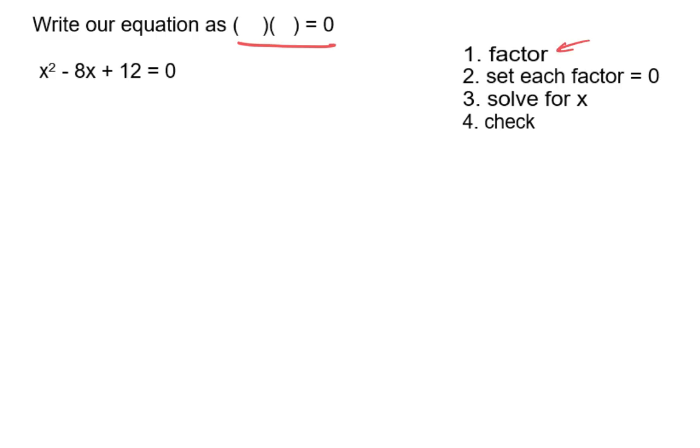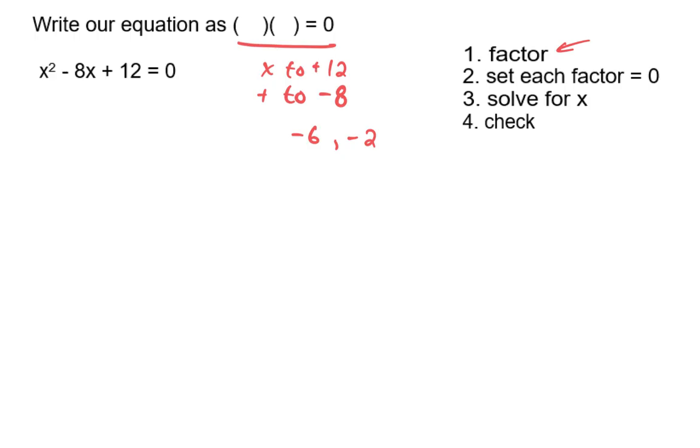So if we are factoring this quadratic here, we are looking for two numbers. These two numbers have to multiply to 12. They have to add to negative 8. These two numbers are going to be negative 6 and negative 2. Negative 6 plus negative 2 is negative 8. Negative 6 times negative 2 is positive 12.